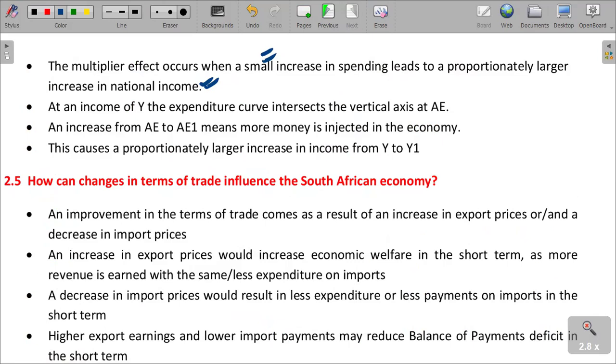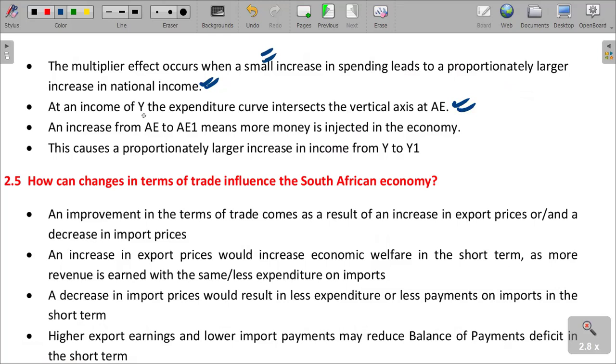Whoever it can be, it can be at a company level, an individual level, or a corporate level. At any income of Y, the expenditure curve intersects with the vertical axis at AE.